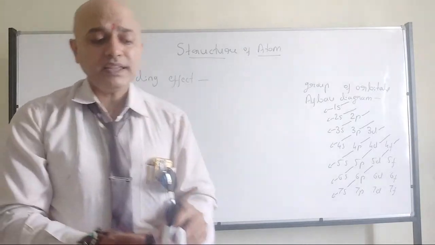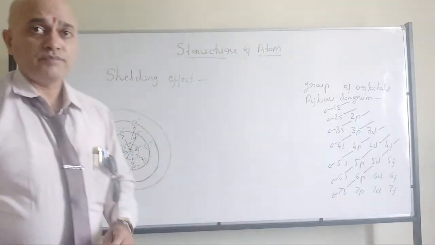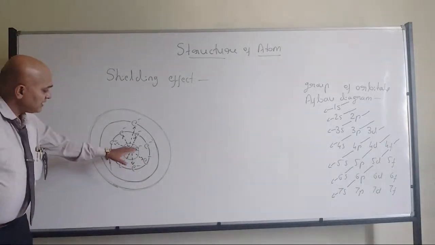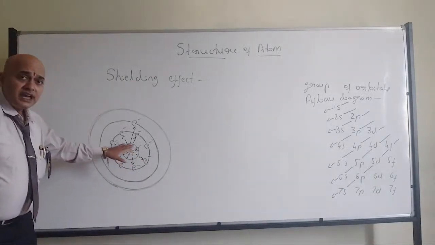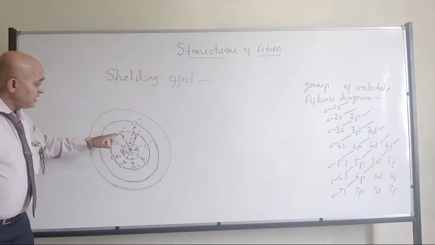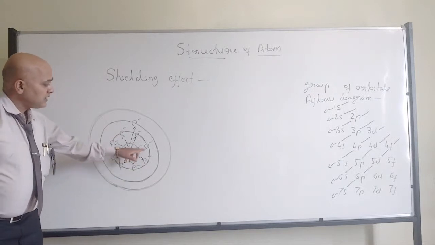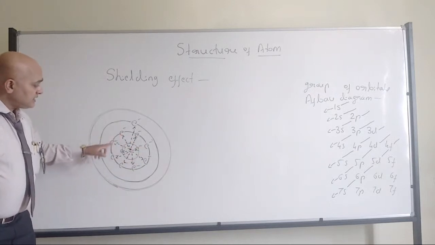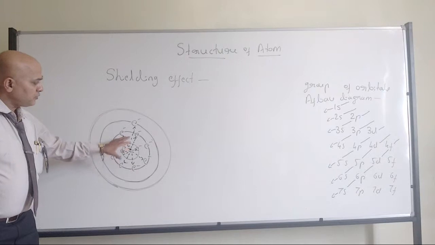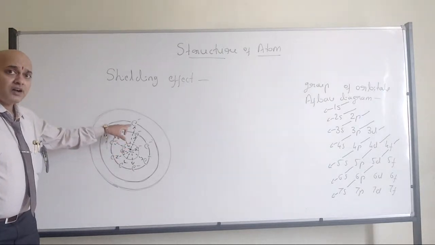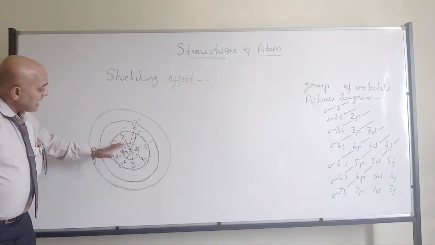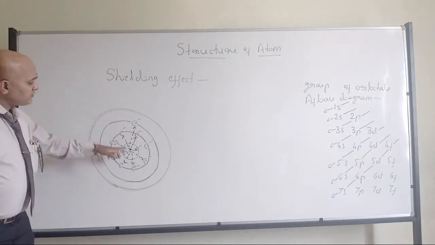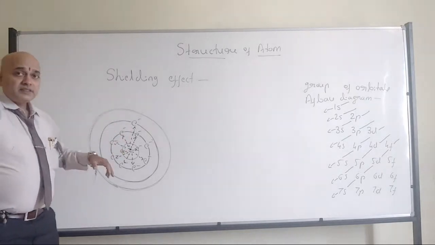Same logic is applicable here also. So whatever inner electrons are there, they are going to interfere with the nuclear force acting on the outer electrons. And all these electrons together are going to interfere with the nuclear force acting on this electron. Got my point?